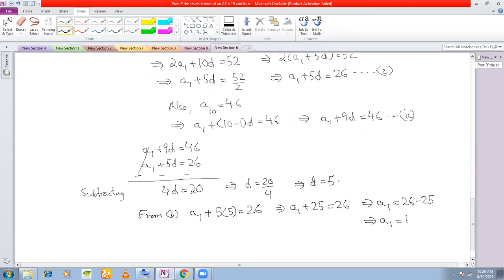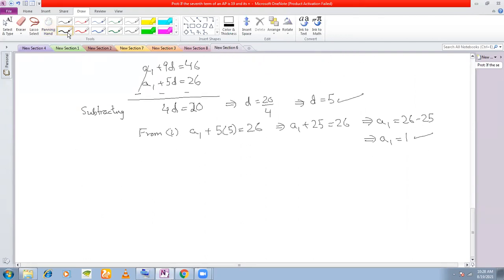So now you know the common difference and also you know the first term. That means you can determine the AP. So what is the AP?